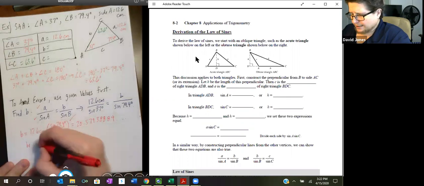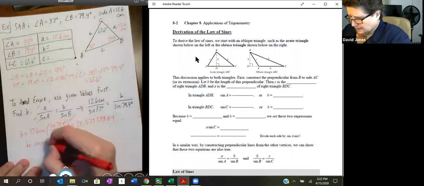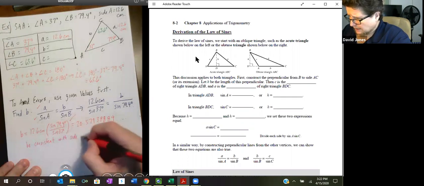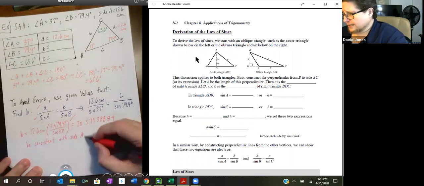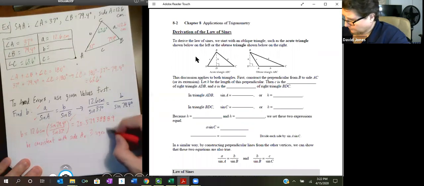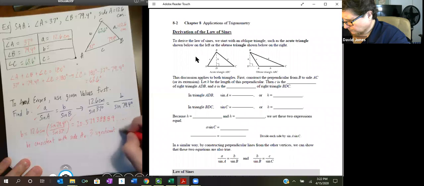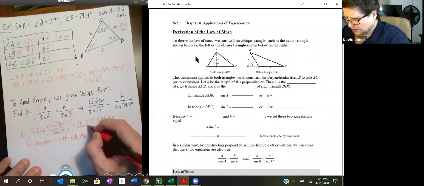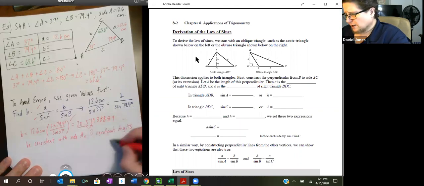Be consistent with side A, which had 3 significant digits. So I'm going to look at those, check that one. We're going to round to 20.6 centimeters.